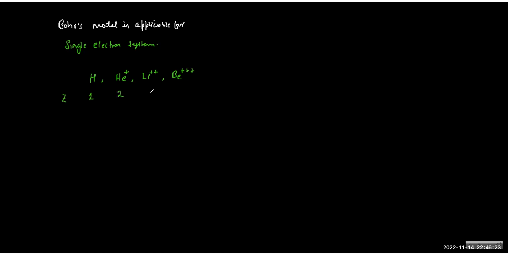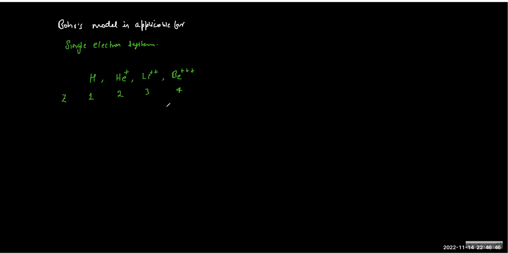Let me tell you that if you are solving a Bohr's theory question, and if some option has the answer H, He, Li, Be, it means nothing can go beyond this. Your answer must be out of these 4 elements, in any Bohr's theory question.